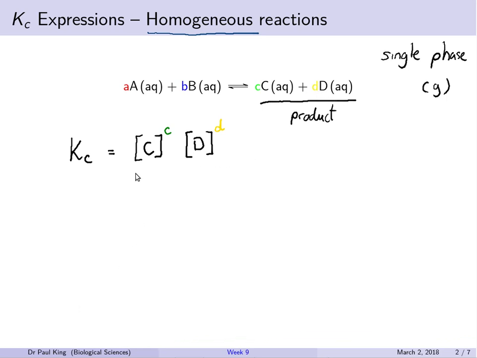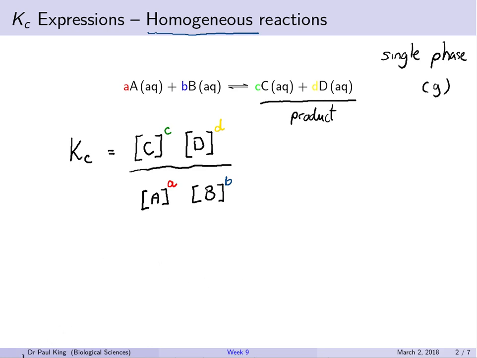Okay, so we basically write down concentration terms for the products, and then at the bottom we write down concentration terms for the reactants, in this case A and B. And again, we are going to raise those concentration terms to the appropriate power, small a for A and small b for B. Okay, so that is our equilibrium constant expression.